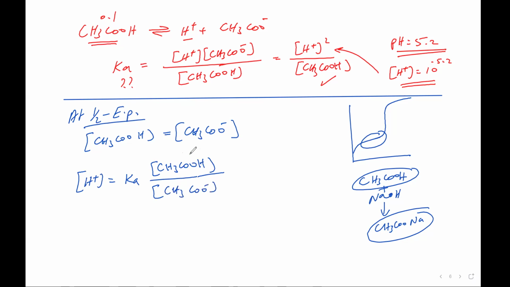Since both are equal, they cancel, it will be 1. This means that H positive is equal to Ka. At half the equivalence point, H positive is equal to Ka. If we take minus log of both, then pH equals pKa. That's why, if this is the equivalence point, we take half of it. This is half the equivalence point. As I showed you, you go like this, and the pH value that you get here is equal to the pKa.